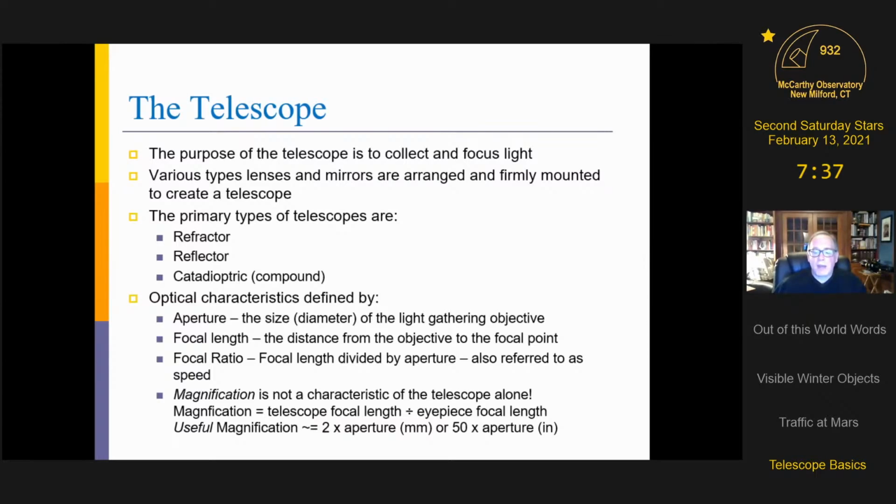So when you get that new telescope at Christmas and it's a 60 millimeter aperture telescope, you should be able to see about 120 times magnification, but that's under ideal conditions.